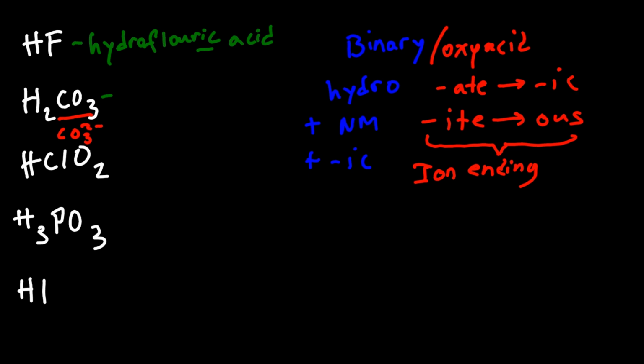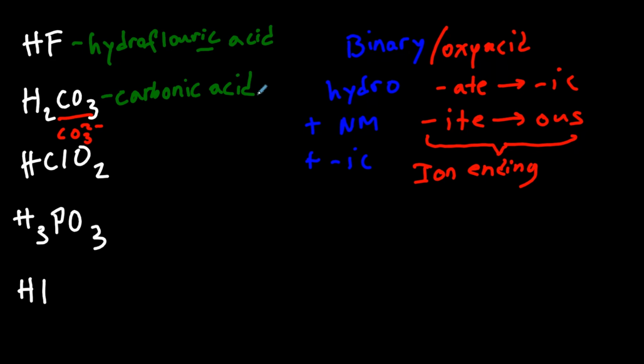So this has to go with carbonic acid, because it was carbonate and now it's carbonic. So you simply replace the ate with ic and you get the acid name, so carbonic acid.